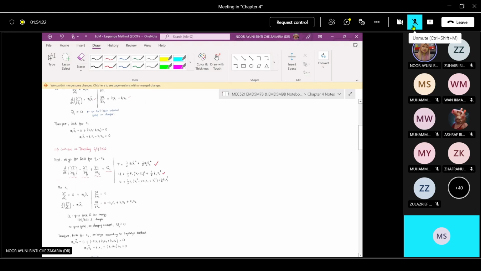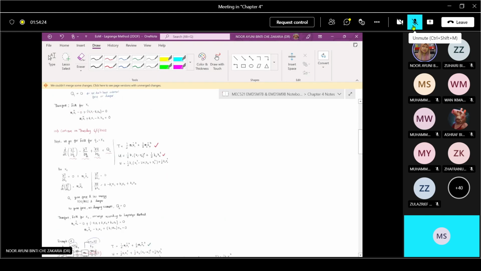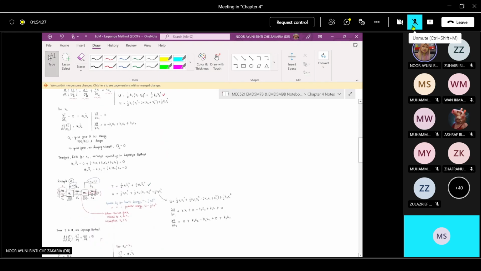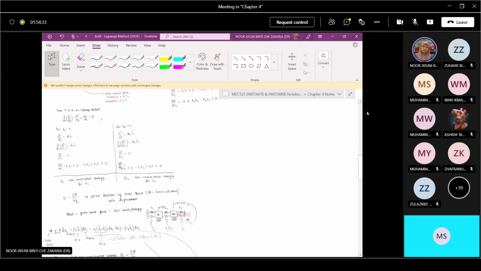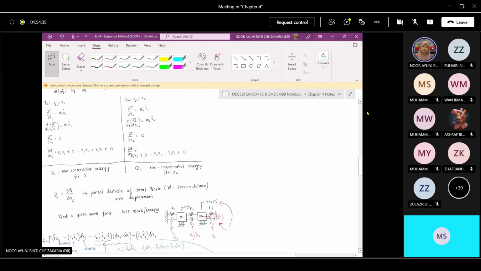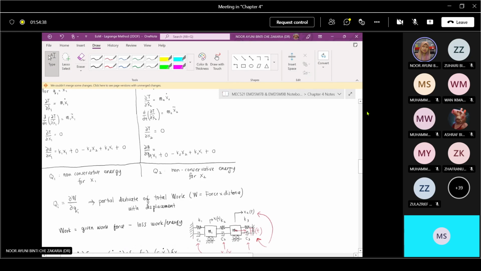Alamak, mana dah? M2. Sini. Salah, bawah lagi. Yang ni saya salah copy ni. Sebab saya copy paste dia tadi kan. This one, saya salah copy. Sama dengan sebelah.